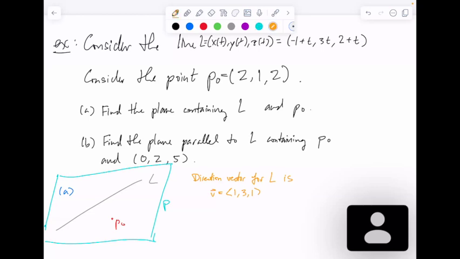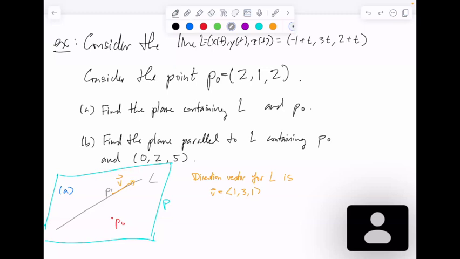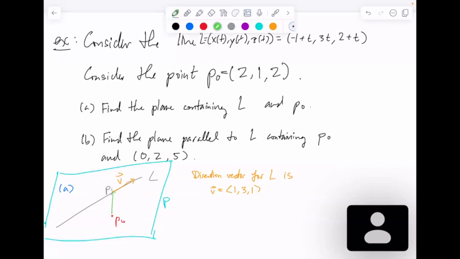One thing I could do is, let's say this is my vector V, completely schematically. I could artificially construct another vector from any point P on this line and draw it towards my point off this line. This is a displacement vector from P0 to P1. That's done by subtracting the position of P0 from P1.